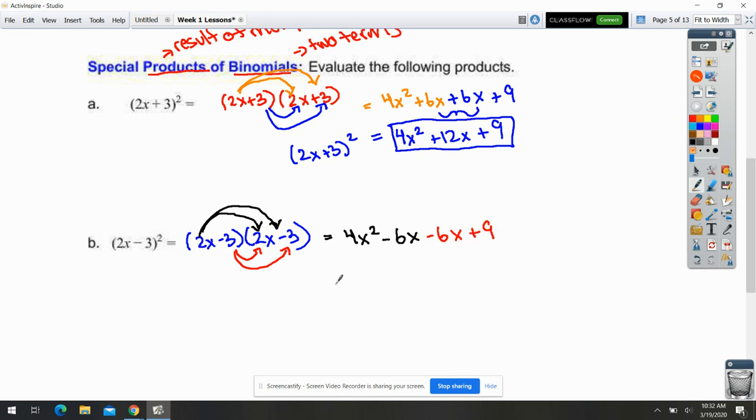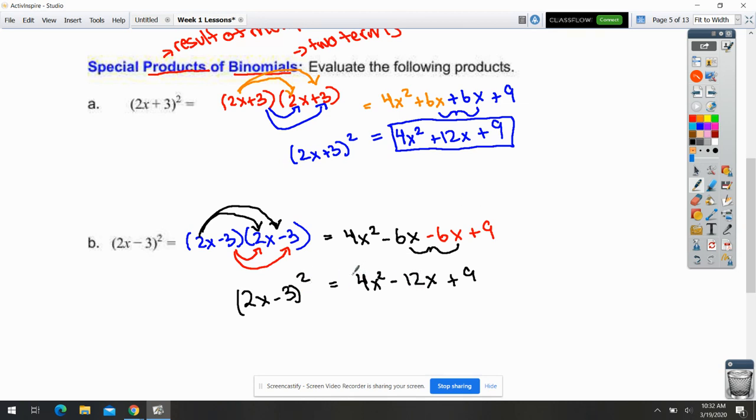Okay, so let's break this down. Here we can combine the negative 6x and negative 6x. And remember, that becomes negative 12x. So we have negative 12x and plus 9. So this is equivalent to 2x minus 3 squared. Okay.